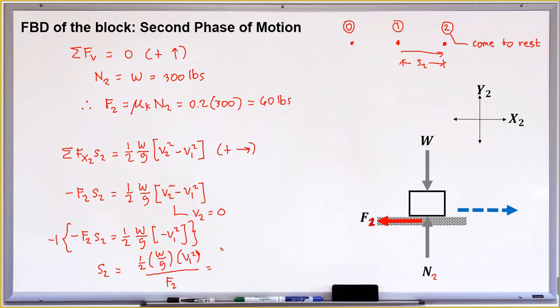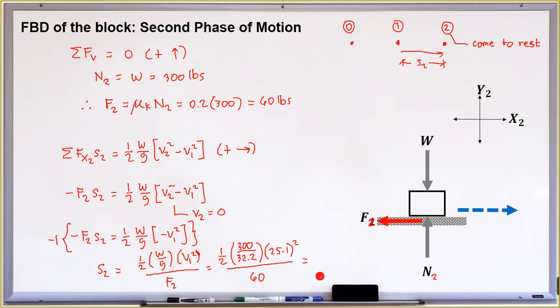So plug in the values. We have 1/2 tapos 300 over 32.2, and then our V1 ato naman na solve, that is 25.1 square, and then over the frictional force 60.